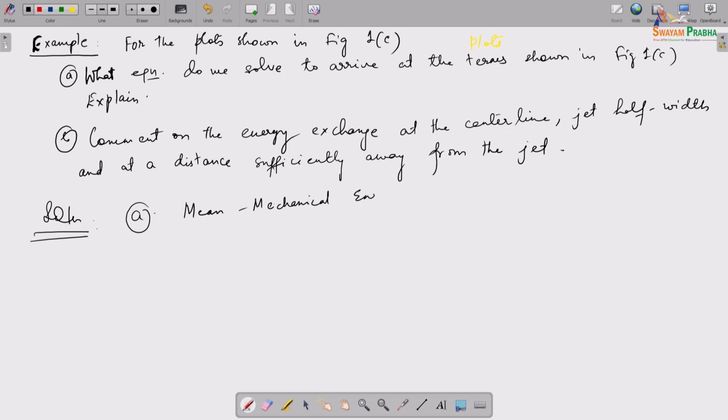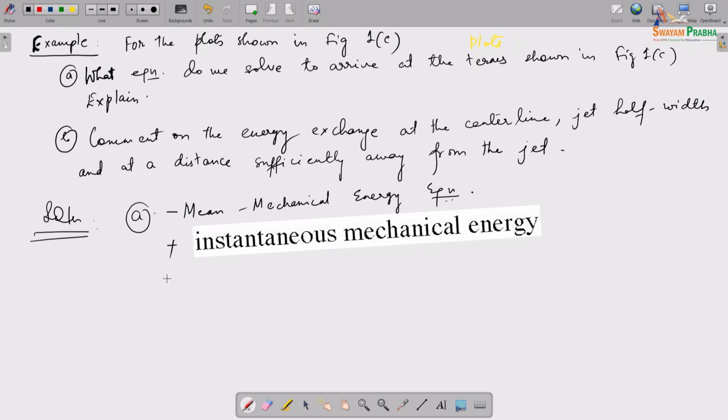We subtract this from the instantaneous mean mechanical energy equation.